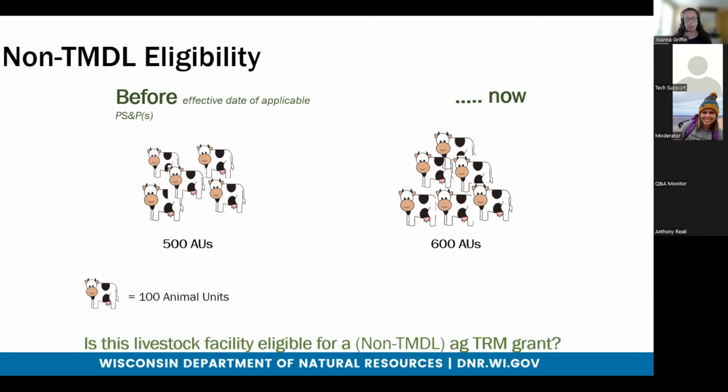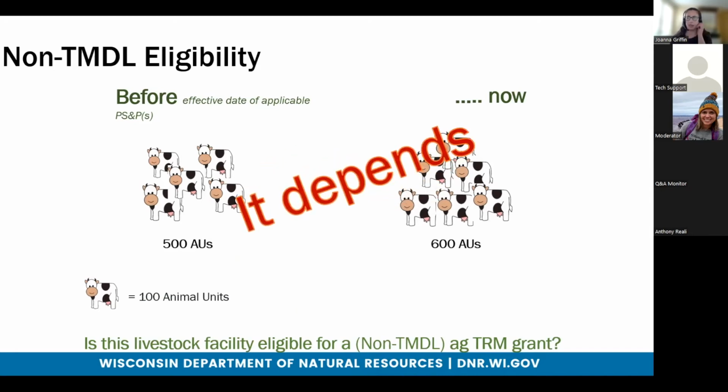So is this site eligible for a non-TMDL agricultural TRM grant? And the answer is it depends. We do not have enough information. Just knowing how many animal units there are doesn't tell us whether the site is eligible for a grant.